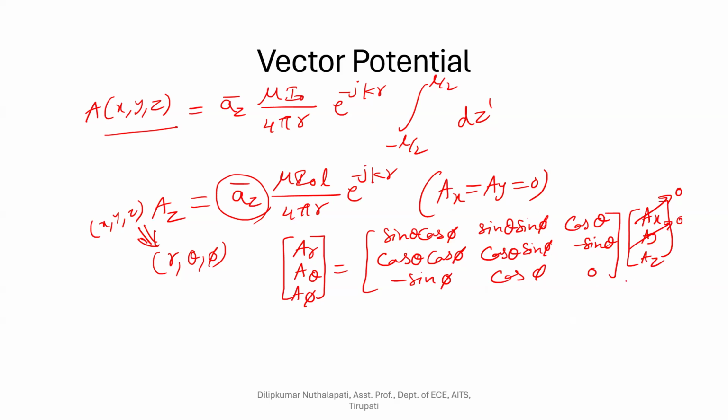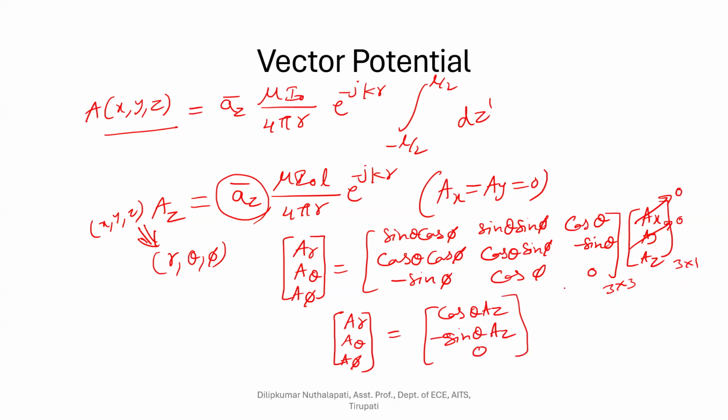Substituting this and multiplying the 3 by 3 matrix with the 3 by 1 matrix, we get the final values of the vector potential ar, a theta, and a phi as cos theta az, minus sine theta az, and 0.